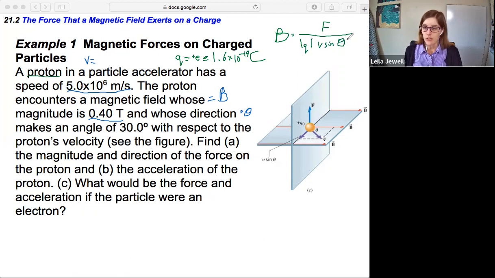And we notice that we know the angle, we know the speed, we know the charge, we know the magnetic field, so we can solve this for the force. How will we do that? We multiply the charge and V sine theta up to the other side. And this is often a common way of writing this, that the force is equal to the magnitude of Q times V times B times sine of theta, where theta is the angle between the velocity and the magnetic field.